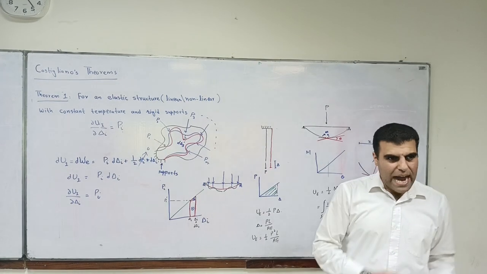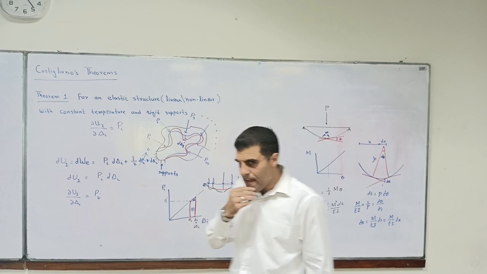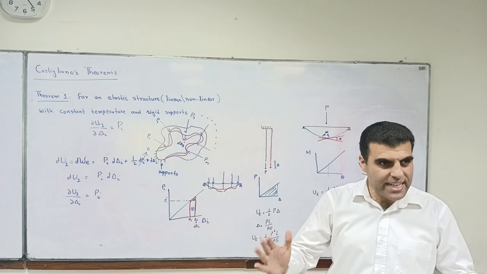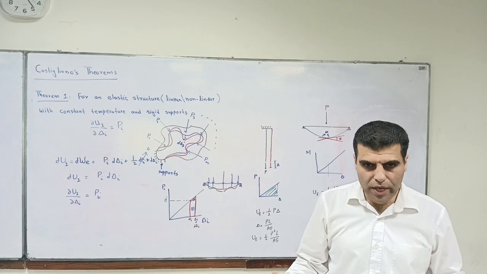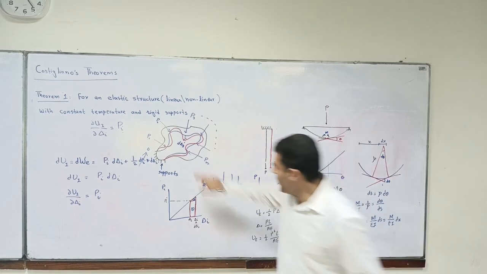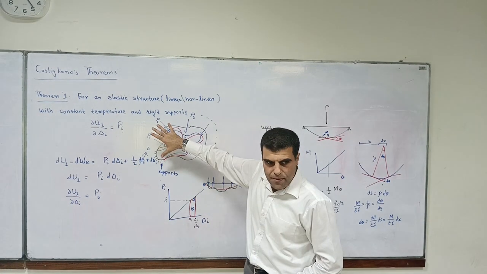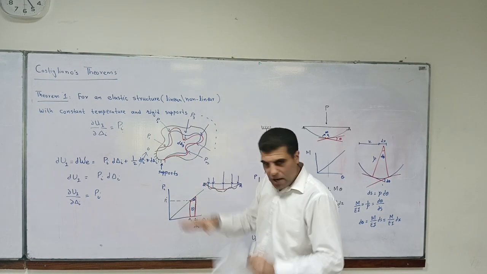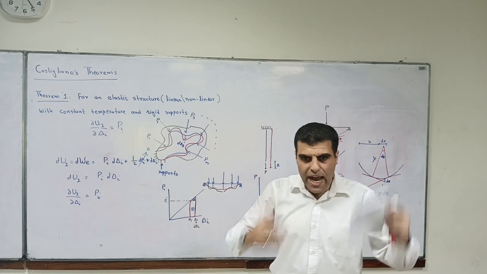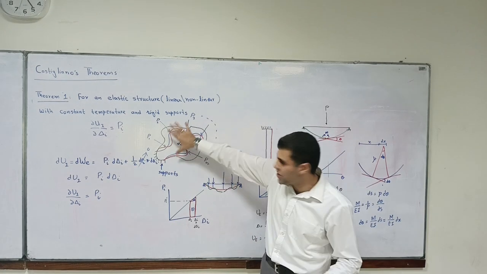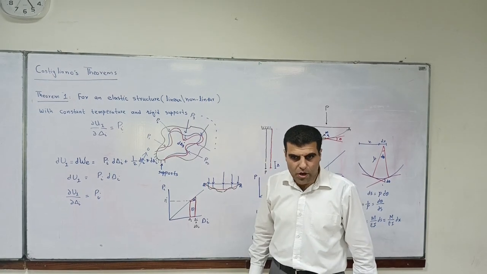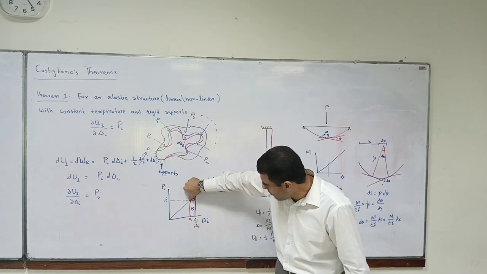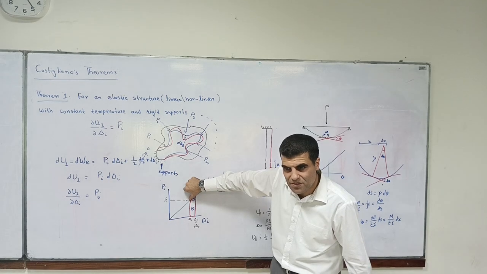Okay, so I'll repeat what I've done. I'm saying that I've got one system which was in its original configuration, no load applied, which is shown by this black one. I apply the load, a bunch of loads, and I get the blue configuration of the system. And that blue configuration, I come over here in my P delta curve.